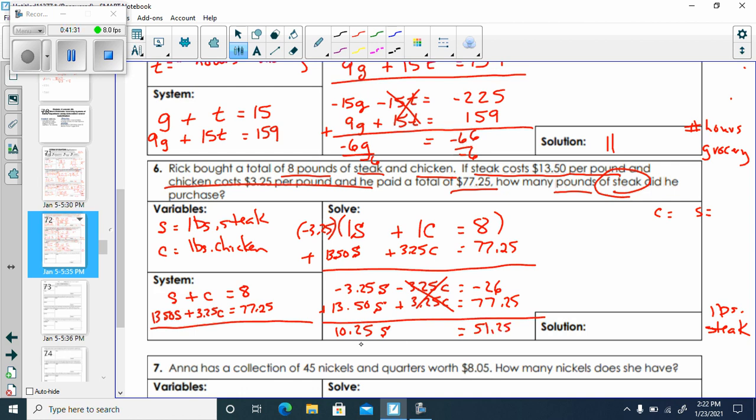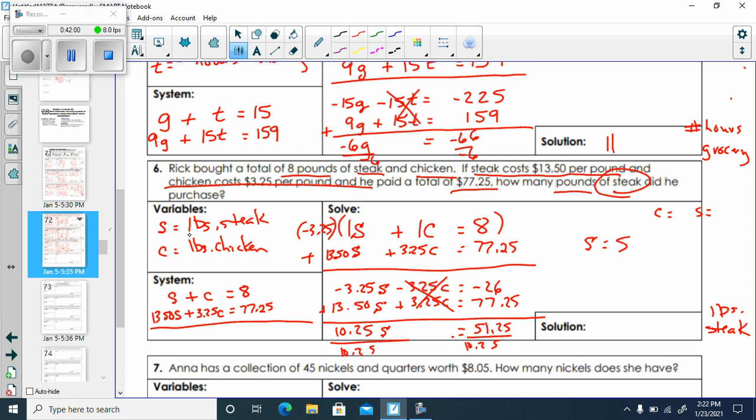And I need to divide both sides by 10.25. And that should give me the pounds of steak. Let's see. 51.25 divided by 10.25. Oops. And that would get me 5. S is equal to 5.